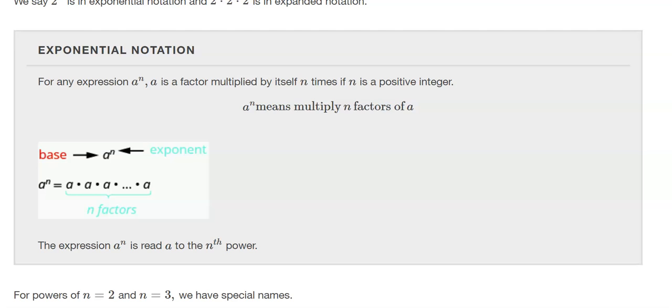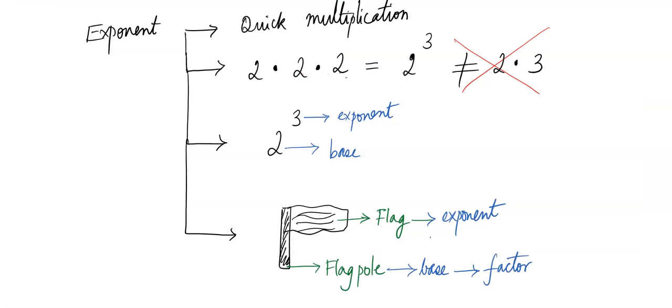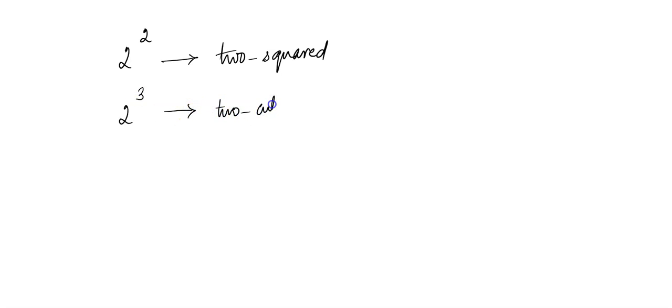Okay. So when we have specific powers, like in this case, where we have 2 to the power 2, we call this 2 squared. It's a special name, you could say, for the power 2. If it is 2 power 3, we call it 2 cubed. It's only for the square and the cube. If it's 2 power 4, we just simply say 2 to the 4th or 2 power 4.